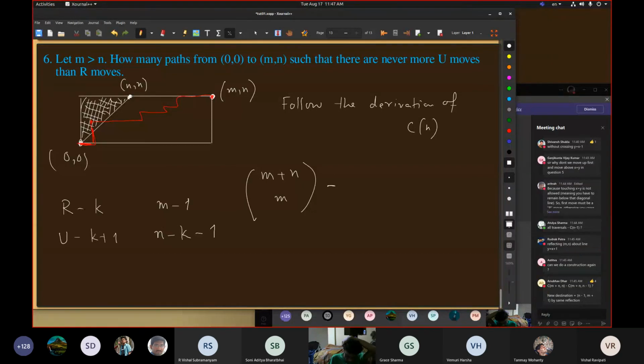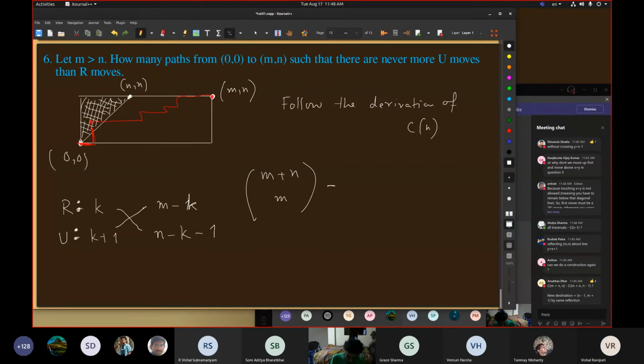No, not m minus 1, m minus k. K made, total will be m, so m minus k, and this will be n minus k plus 1. But then after this, you do the similar thing. You swap r and u. So this will be this will be this.